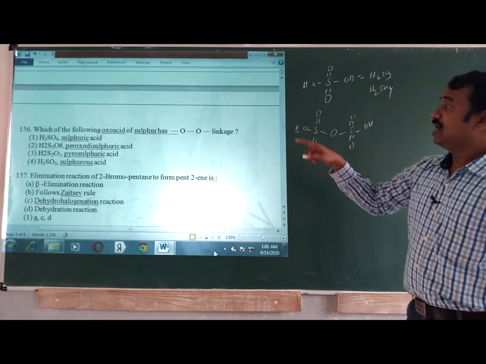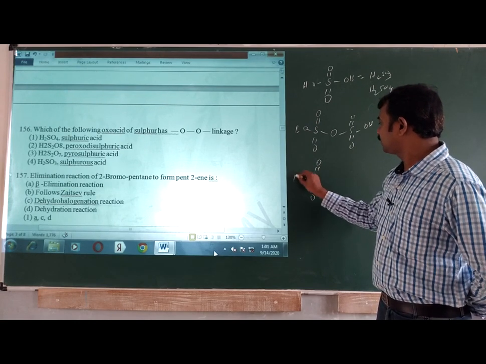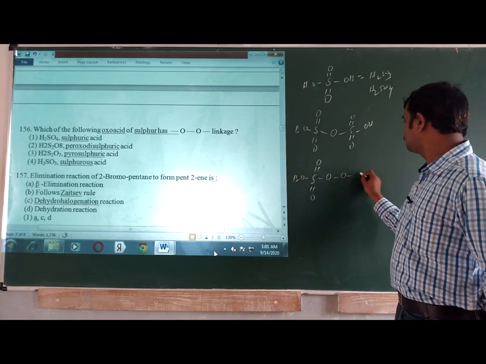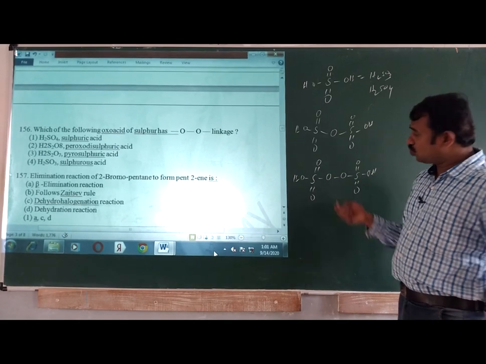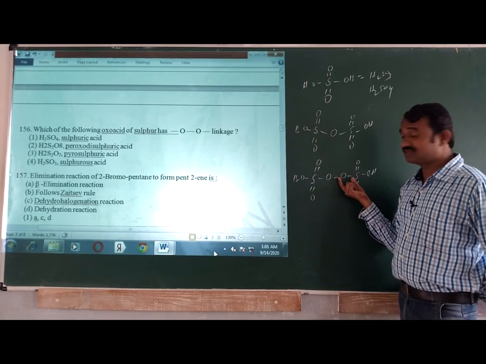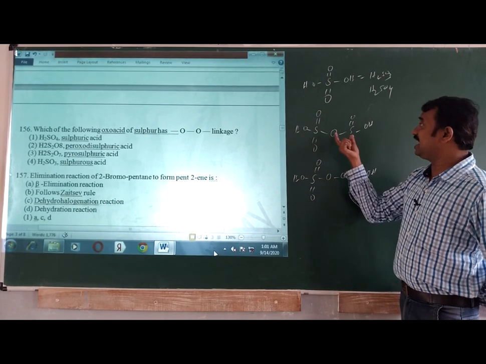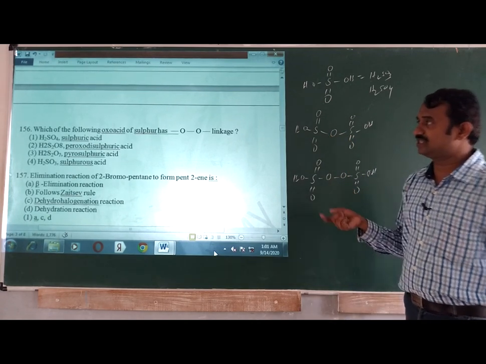But when one oxygen is more, that is peroxysulfuric acid. This one is peroxysulfuric acid.